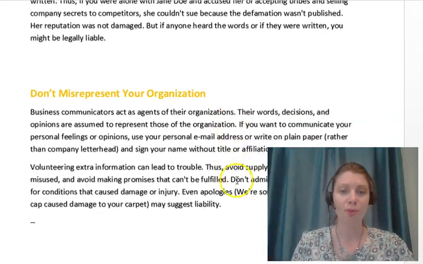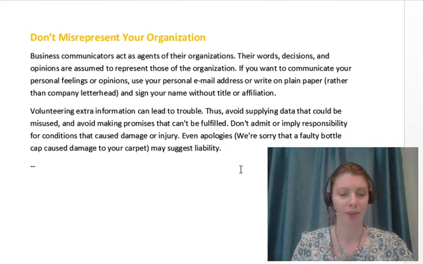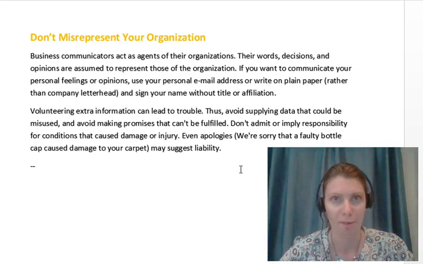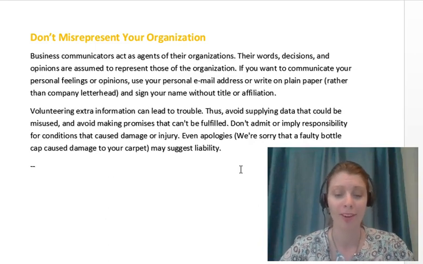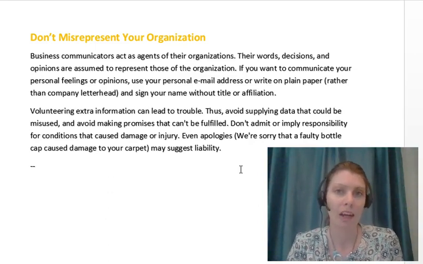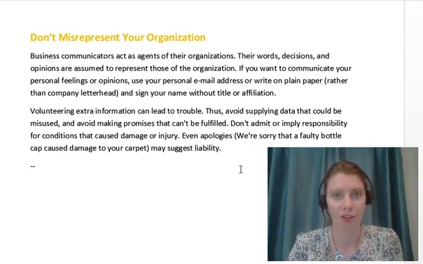You don't want to misrepresent your organization. Most of us hate to have to reveal bad news. We don't like to be the bad guy most of the time. To make ourselves look better and to make the receiver feel better, to maintain good relations, we're tempted to make statements that might actually be legally dangerous.